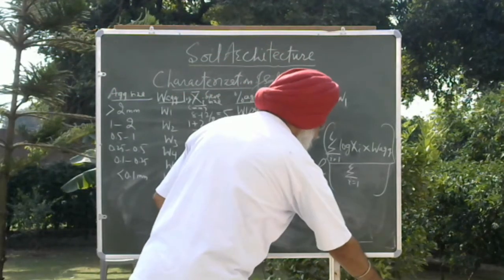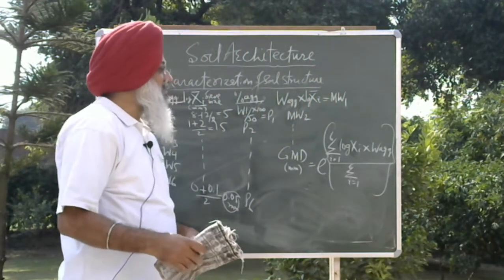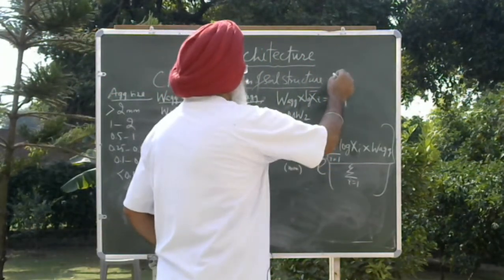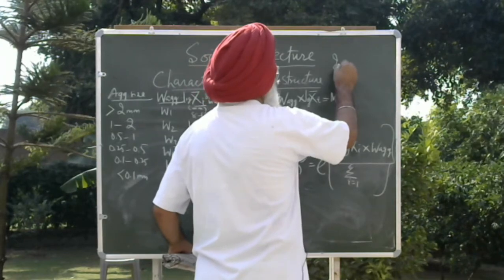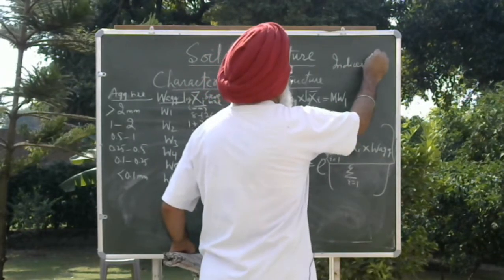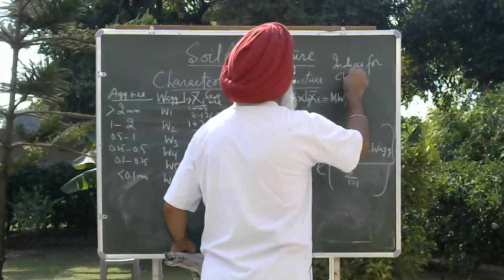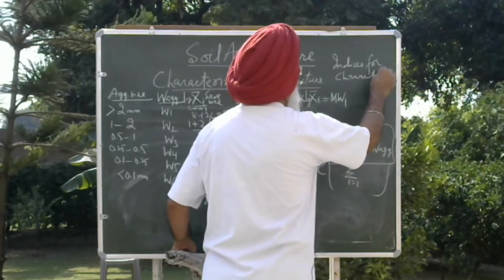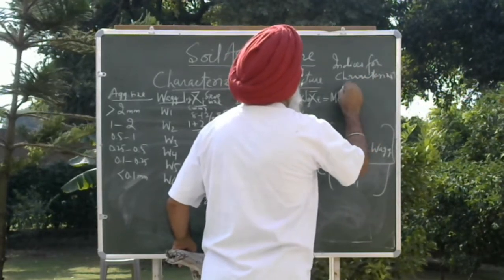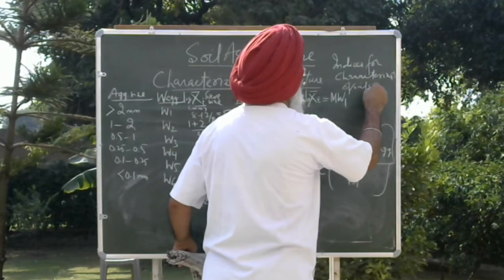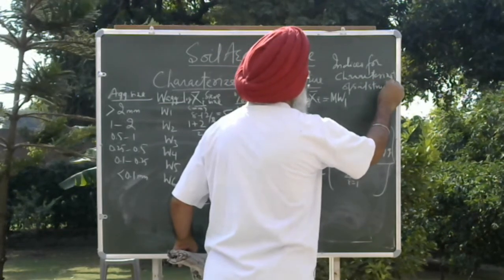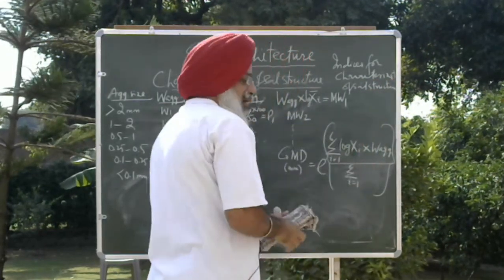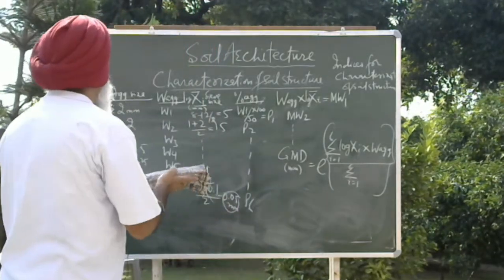So, these are basically indices for characterization of soil structure. First index is mean weight diameter, another is geometric mean diameter.